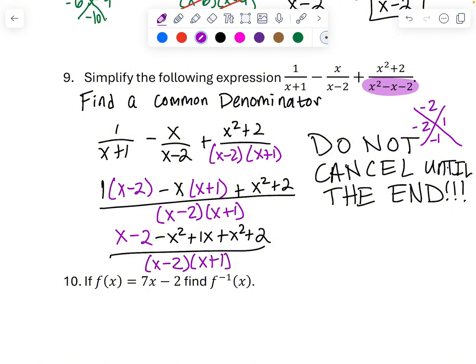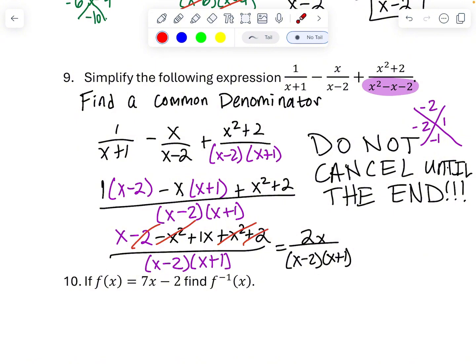I have a positive x here, so that's 2x. My -2 and a +2 are going to cancel each other out. Then I have a -x squared plus an x squared. Those are also going to cancel. So I'm just left with 2x on the top, which is really nice. And then I have x minus 2, x plus 1 on the bottom.